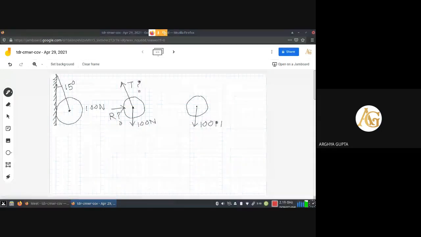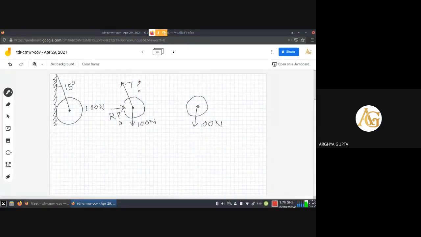R is not away from the center, so it has to be drawn like that, R, and this was T. Now, as that angle is 15, this angle is 15.